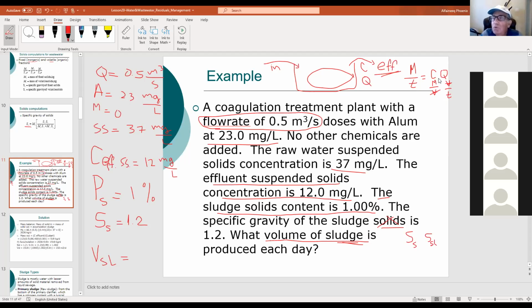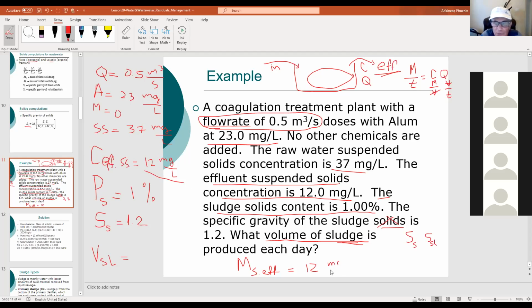So here we can use CQ that we know from mass balance. So let's put this here, all right? That's gonna be mass rate of the solids in the effluent. Let me write here, effluent. And it's gonna equal C, here is C, 12 milligram per liter.